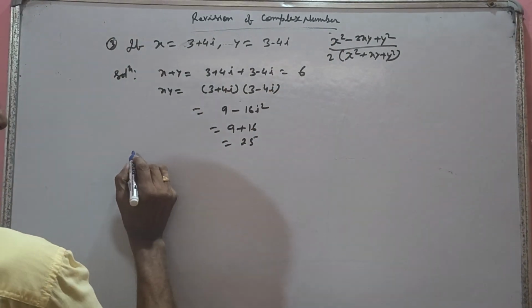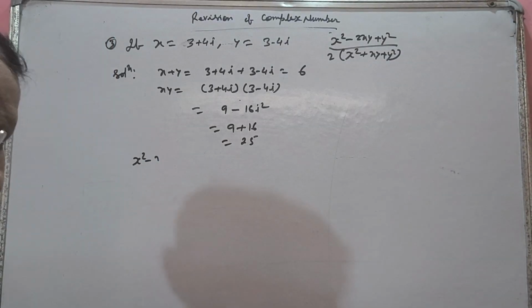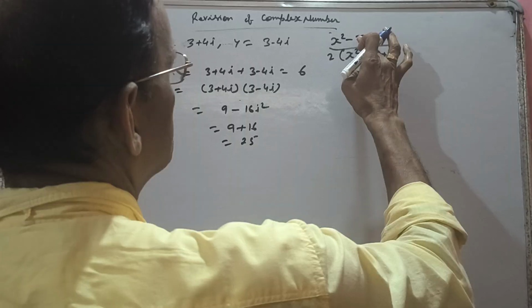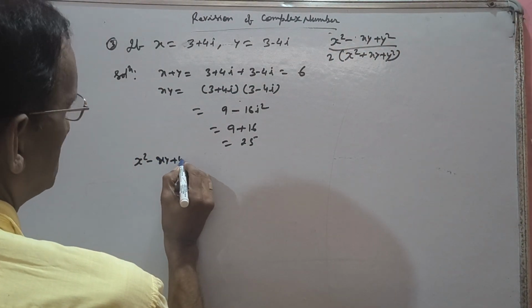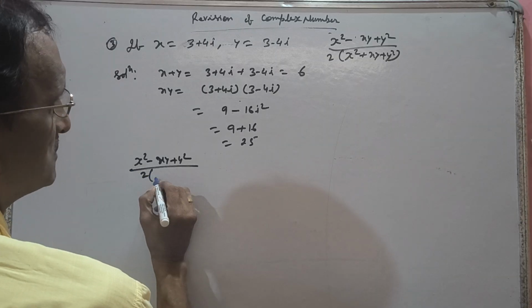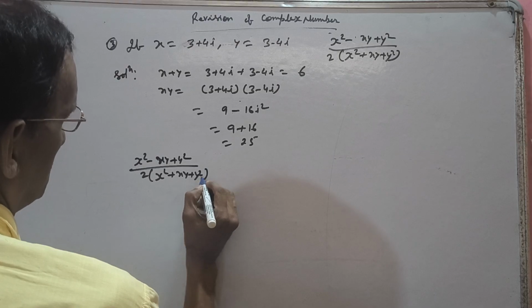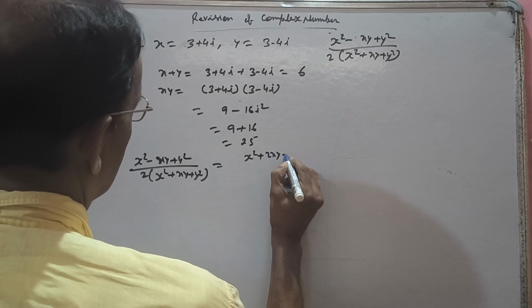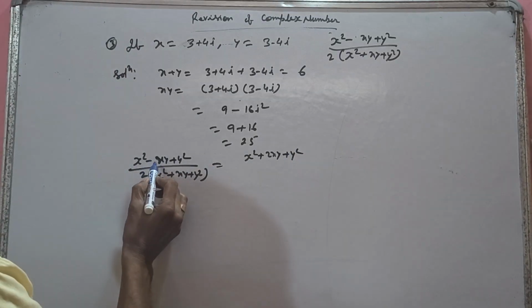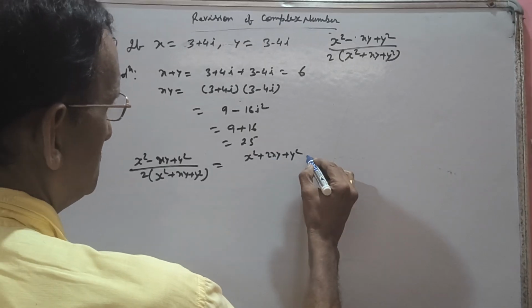Now this x square minus... the question is not twice xy, this is xy. X square minus xy plus y square by 2 into x square plus xy plus y square. Write down this x square plus twice xy plus y square. It was minus xy; we have written twice xy here. Then what we will write here?